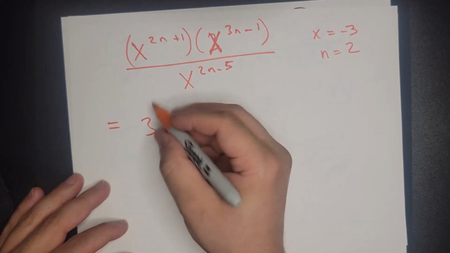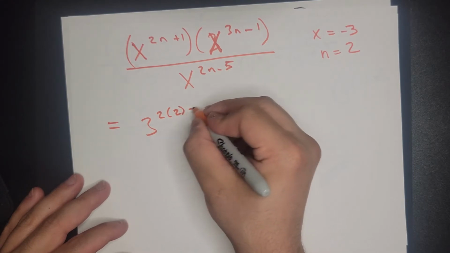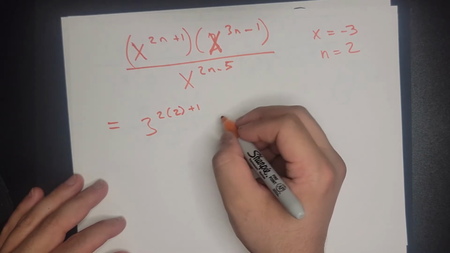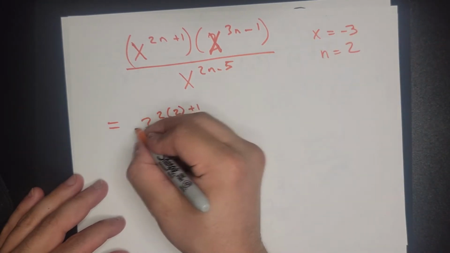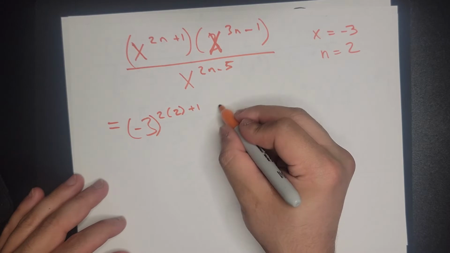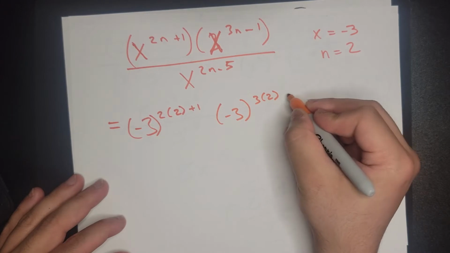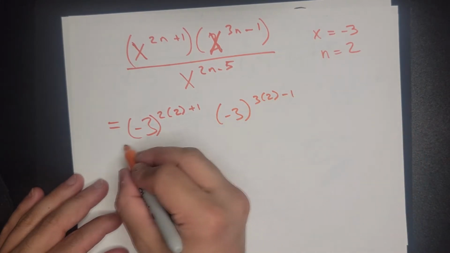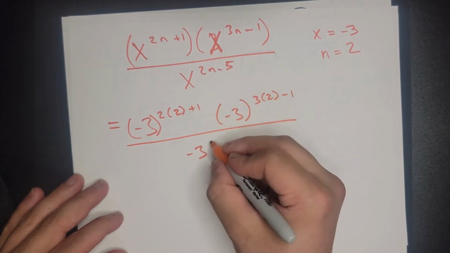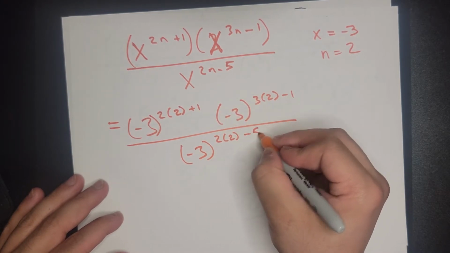So let's do this. Our x is negative 3, sorry, to the power of 2 times 2 plus 1. And then we also have negative 3 to the power of 3 times 2 minus 1, all over negative 3 to the power of 2 times 2 minus 5.